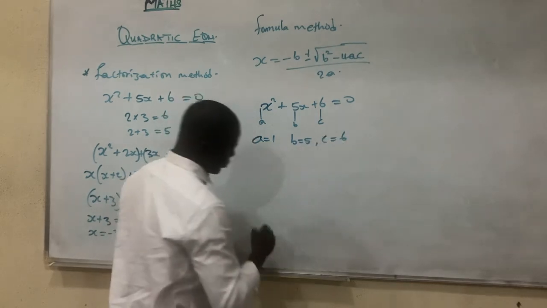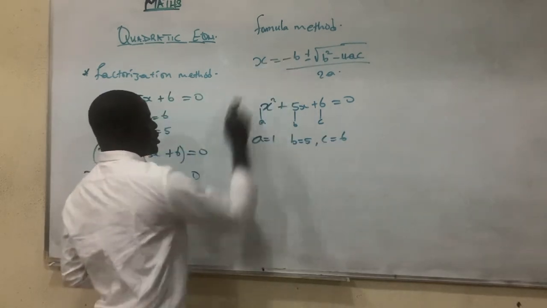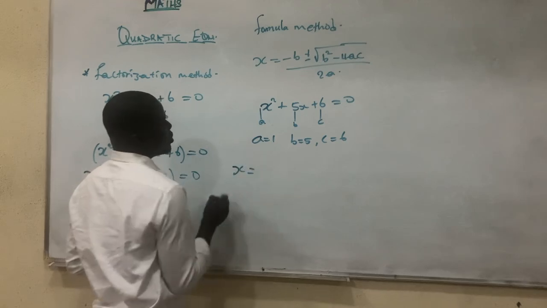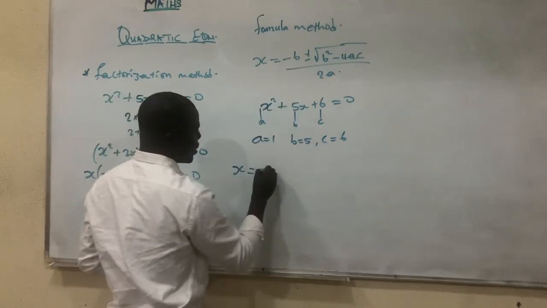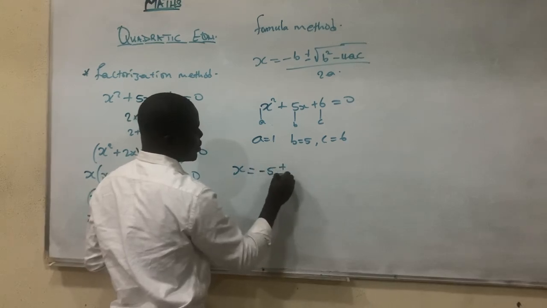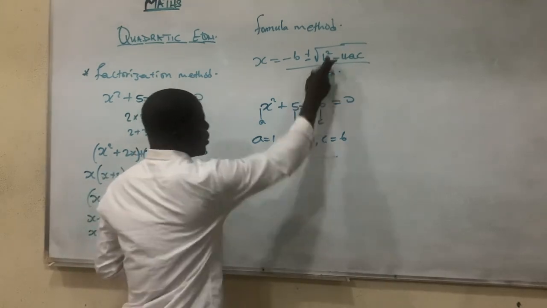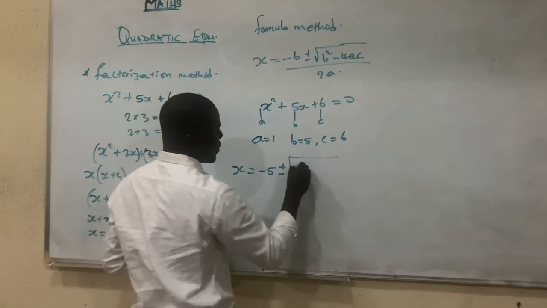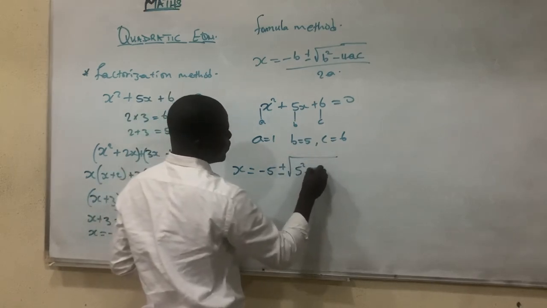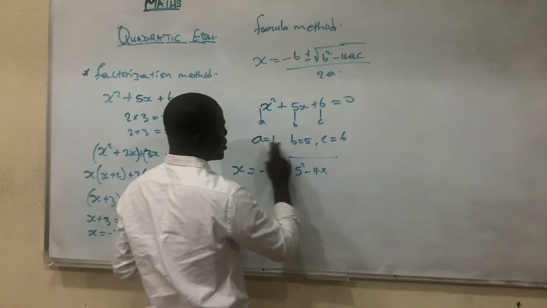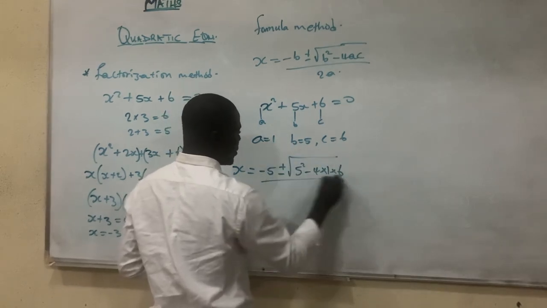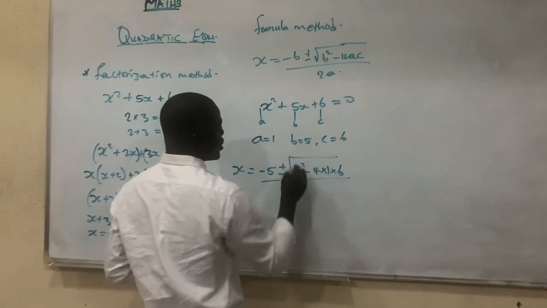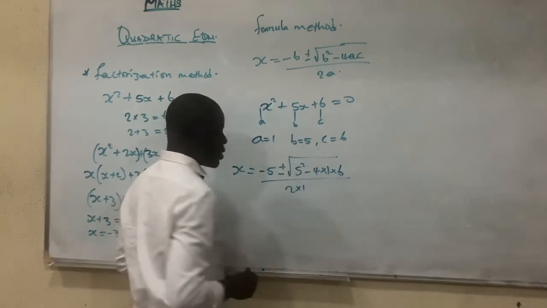Let's input them into the formula. x equals minus b, and b is 5, so minus 5, plus or minus the square root of b squared, which is 5 squared, minus 4 times a, which is 1, times c, which is 6, divided by 2a, which is 2 times 1.